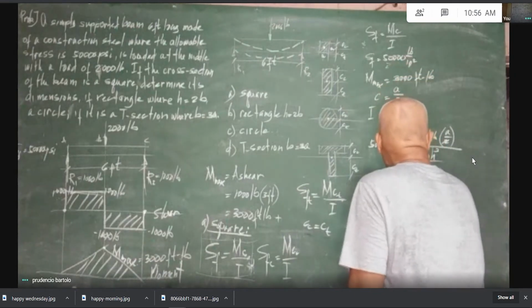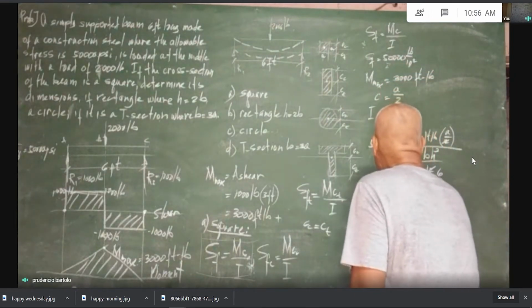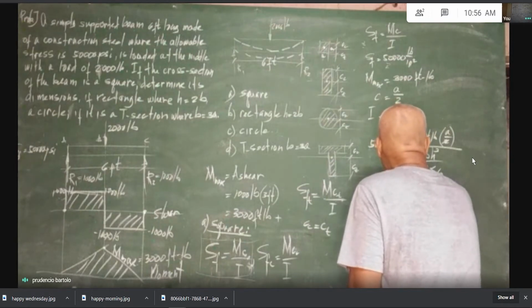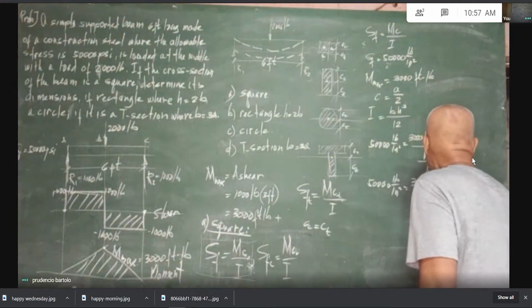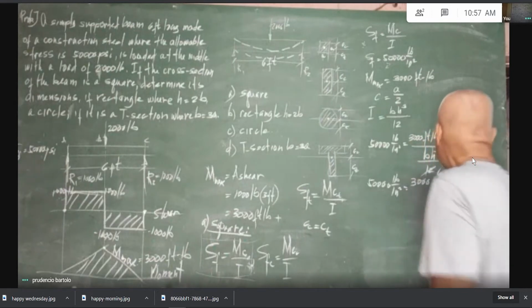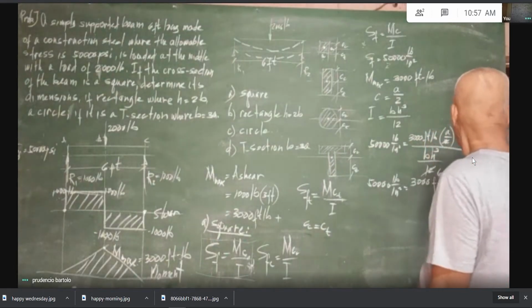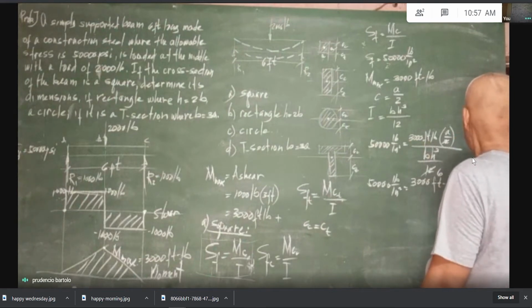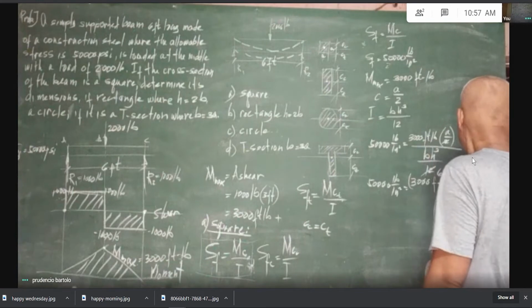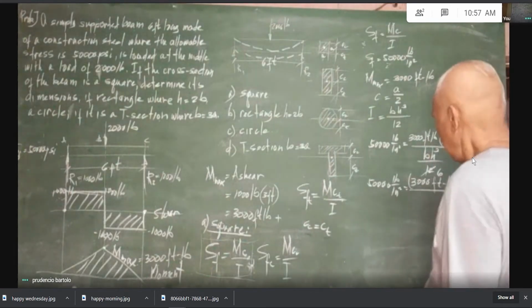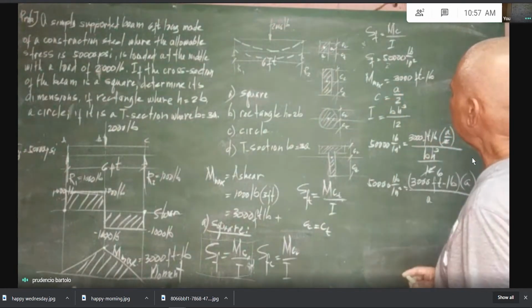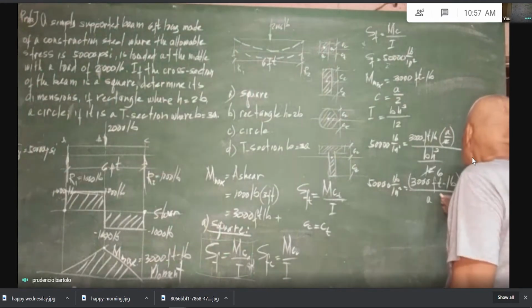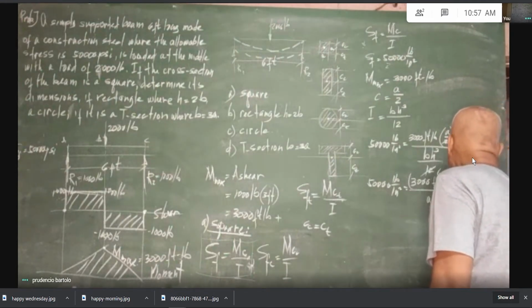That will be 50,000 pounds per inch squared equal to 3,000 foot-pounds multiplied by a, all over the base of the square, which is a, and the altitude of the square, which is a cubed, all over 6.